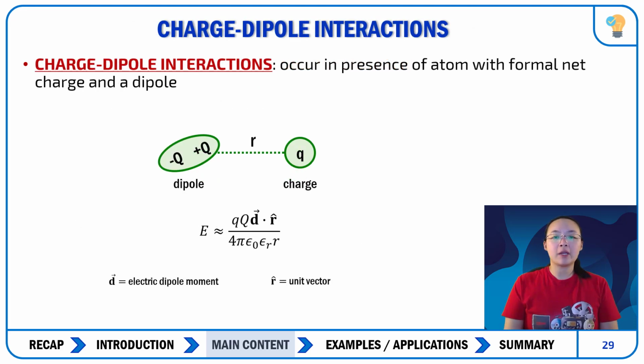Moving on, we have charge-dipole interactions that occur in the presence of an atom with a formal net charge. So this is one with a formal net charge and one with a dipole. We can model the electric potential energy using this equation. I won't talk about it in detail, but basically there's the introduction of vector quantities.